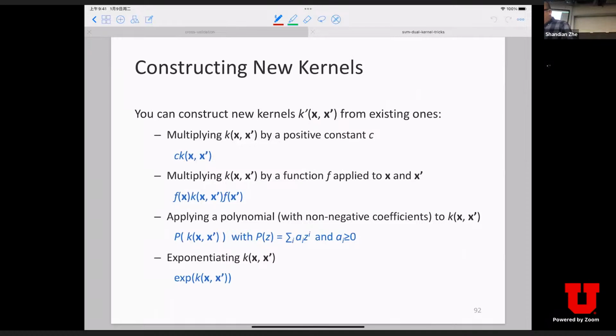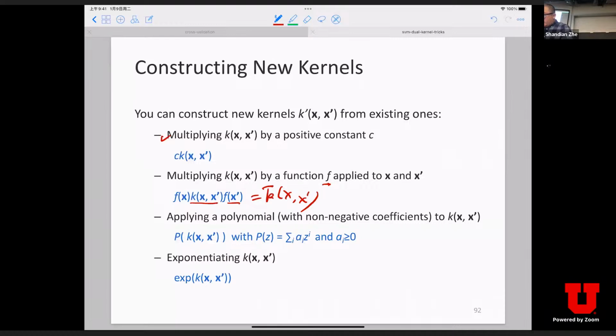First, if you multiply a valid kernel by a positive constant c, it's still a valid kernel. Second, for any function f, if you multiply a kernel k by f(x) and f(x prime), the new function is still a valid kernel. You can represent it as k bar of x and x prime, and this k bar is a valid kernel.